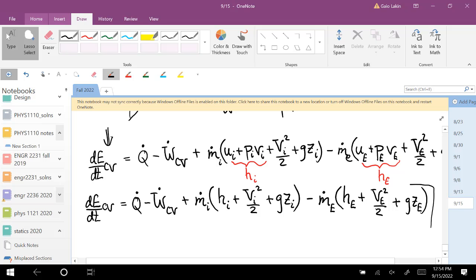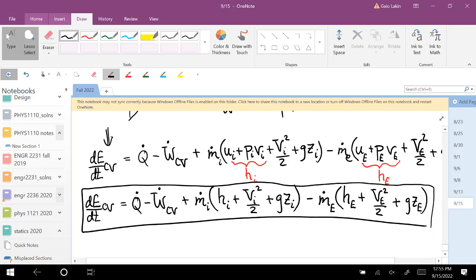So that's the final full form of the first law for control volumes.